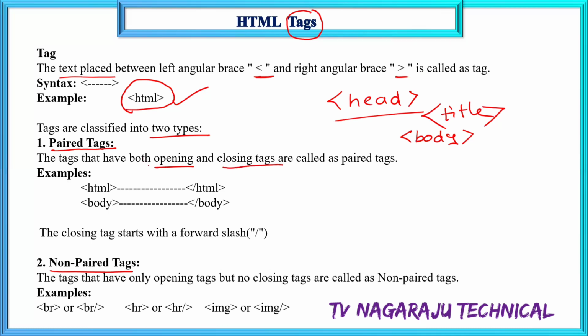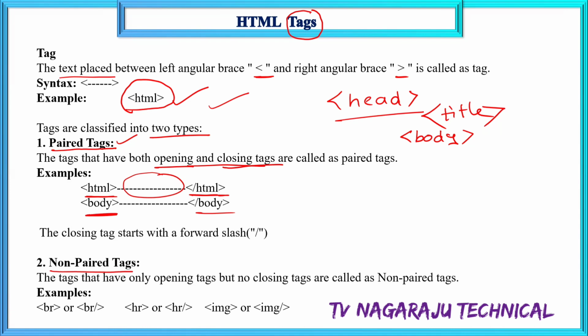That means the tag has both opening and closing. Those are called paired tags. Suppose you open HTML, in between you write some information according to the web page, and finally you close the tag. So HTML is a paired tag. Body is a paired tag.